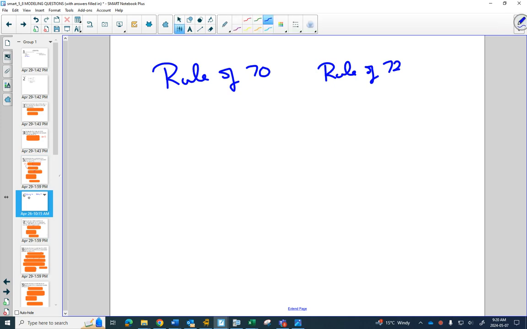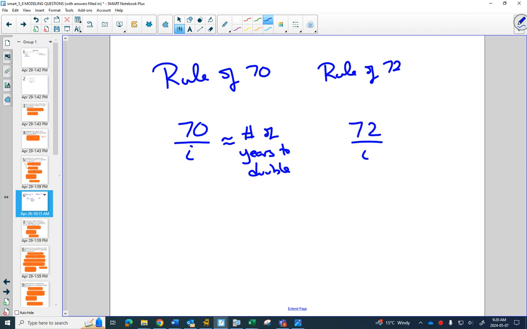The rule says, take 70, divided by your interest rate, and it is approximately the number of years to double. What interest rate did we have in the last question? 7. 70 divided by 7 is 10. It's sometimes called the rule of 72.